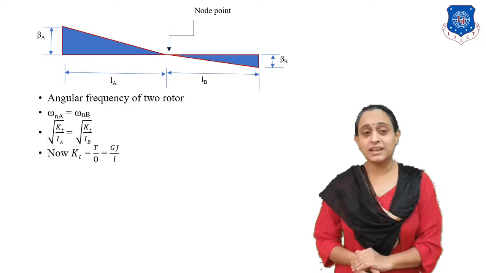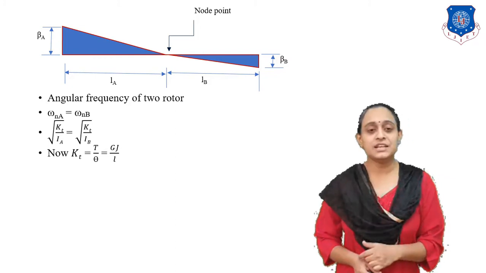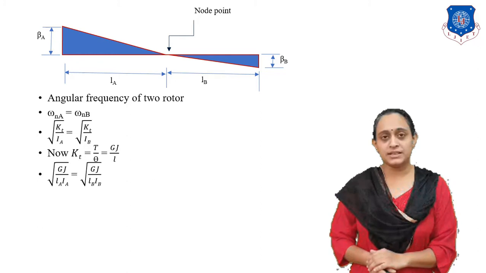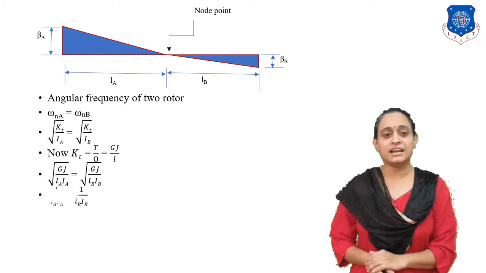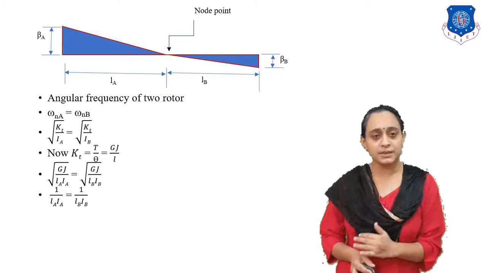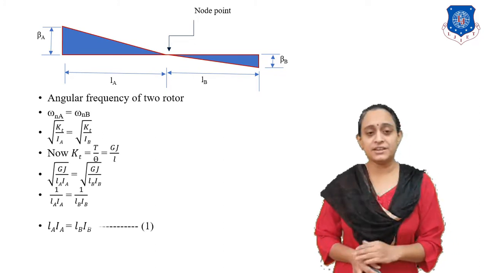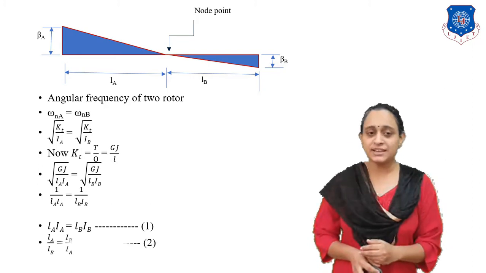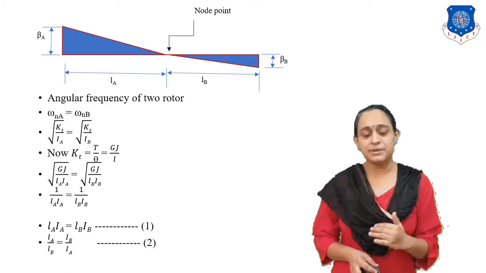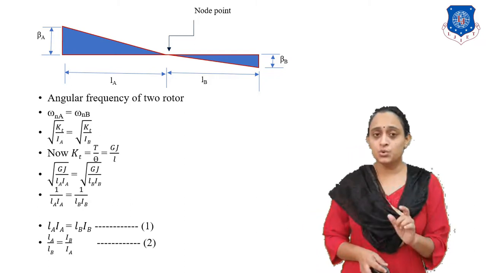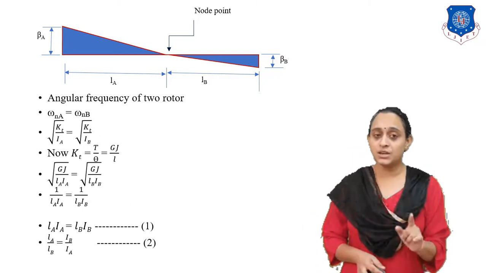What is kT? It is T by theta, which is equal to GJ by L. By putting these values of kT, we finally get 1 upon LAIA is equal to 1 upon LBIB, so we can write LAIA is equal to LBIB. Finally, LA by LB is equal to IB by IA. So this is the two rotor single node position equation.